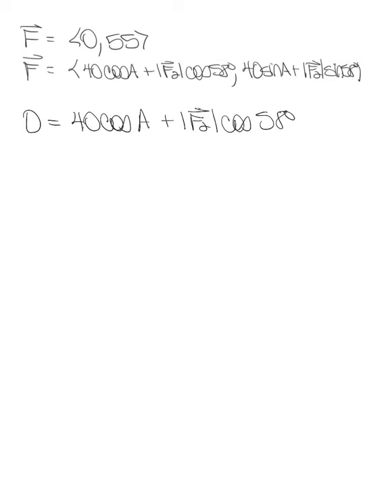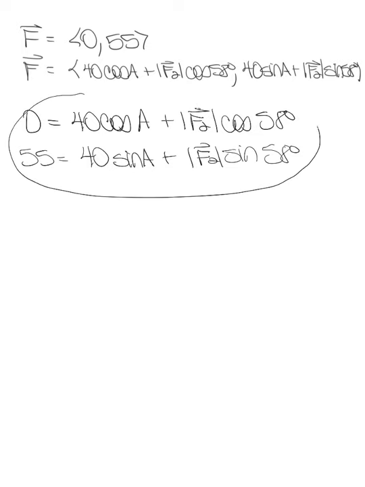And then setting their second components equal, 55 is going to be equal to 40 sine of A plus the magnitude of F2 sine of 58 degrees. What I wind up with here are two equations with two unknowns, which we can then solve using some simple algebra. Hope this helps.